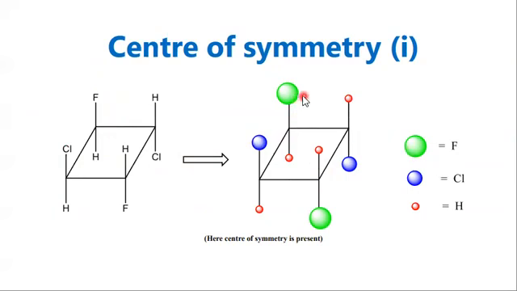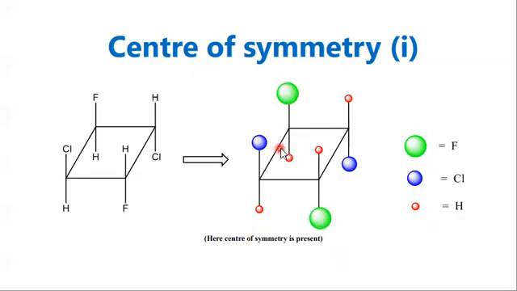Here the fluorine atoms are denoted green, chlorine atoms are blue, and hydrogen atoms are red. So you can see this is the center, and if you draw a line through the center, you meet fluorine atoms in opposite directions.